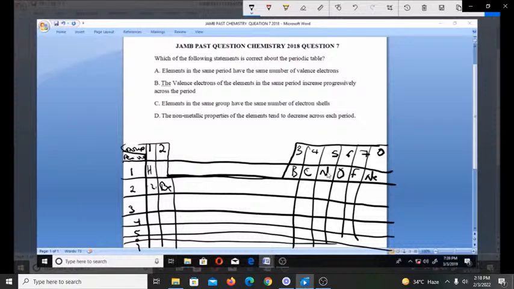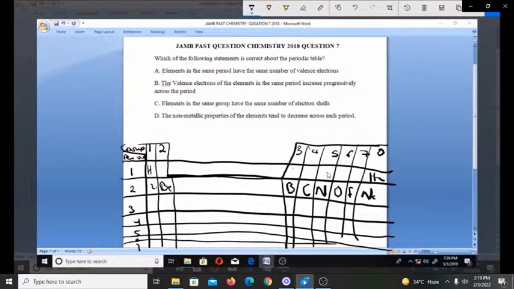Sorry, this is actually supposed to be in period 2. So we are supposed to have boron, carbon, nitrogen, oxygen, fluorine, and neon. But we're supposed to also have helium here.